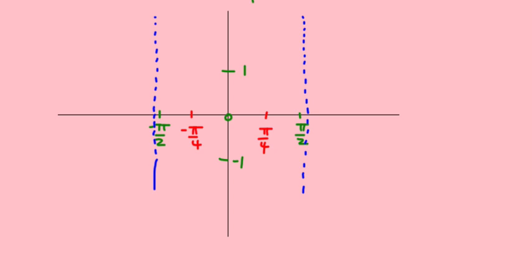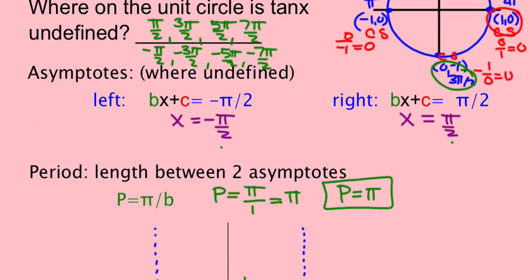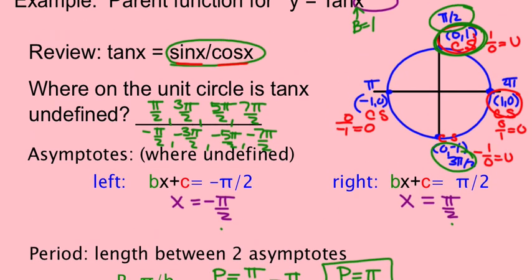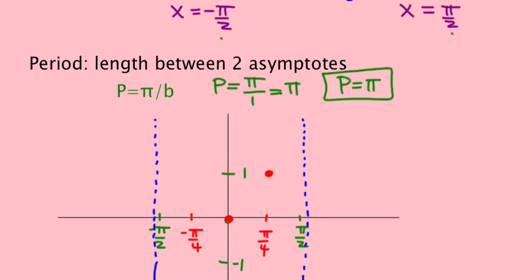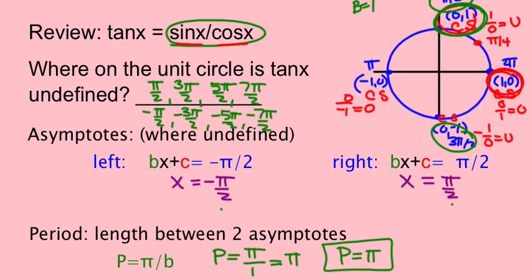If you think back to your unit circle, if I think of this pi over 4 here, if I take the sine over the cosine of that, I get positive 1. So at pi over 4, I get positive 1. When the tangent is at 0 degrees, it is 0. So that's this point here.